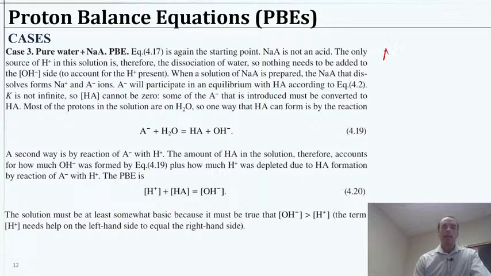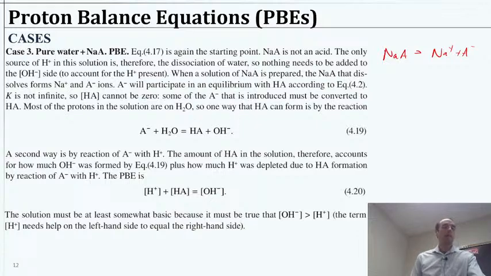NaA is going to give us the Na plus and A minus. And when we put the A minus in solution with water, that will be a source of OH minus. Because when A minus reacts with water, it can take a proton and release an OH minus.